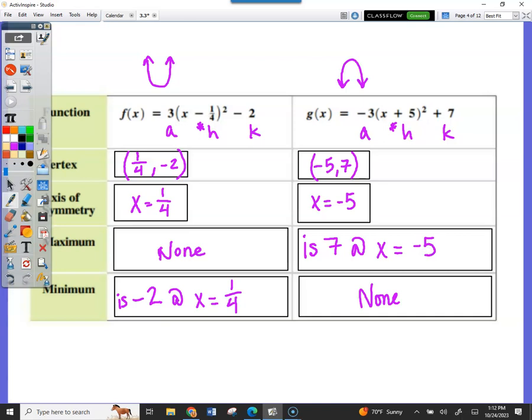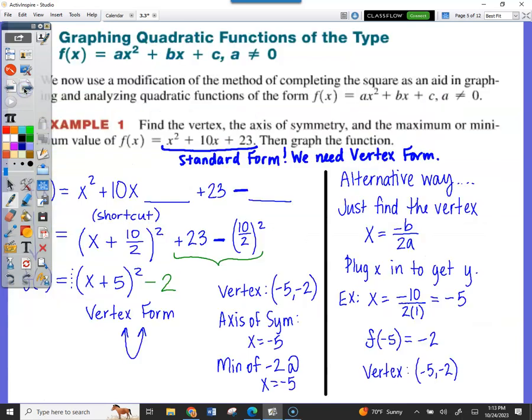What do you think? Seems easy with light work. Okay, well, what if I did not give it to you in vertex form?